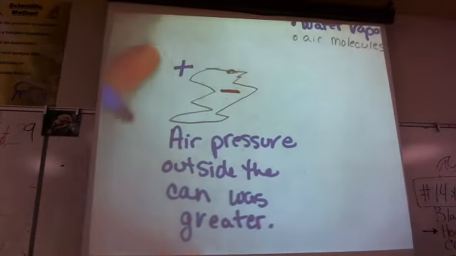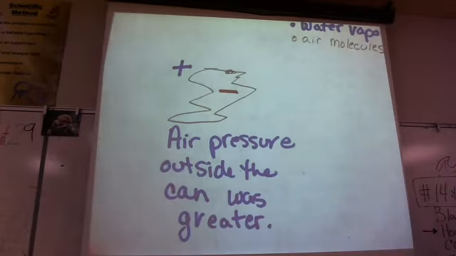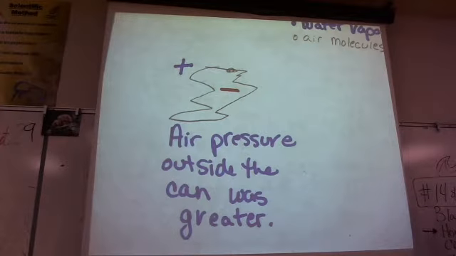What's important to note is that the pressure on the outside of the can was greater, and that's what crushed the can. So you can see on the string there's all different sizes of the can, or the amount of crushing happening, which is explained by the temperature variation and the condensing, how condensed the water vapor occurred inside the can. So the faster the condensing, the more severe the crush.